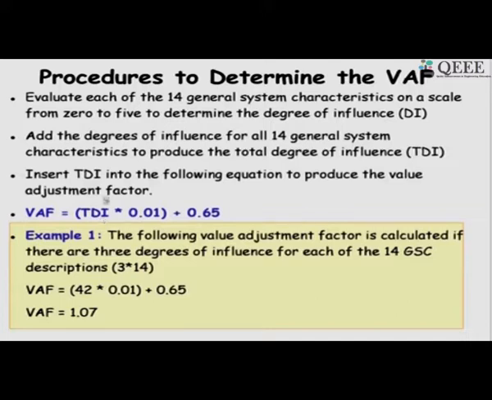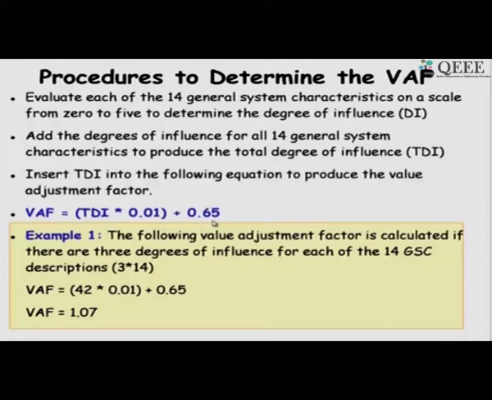Just see that there are 14 parameters, and if we make all of them 0, then the total degree of influence will be 0 and then it will be just 0.65. So, we will scale down the unadjusted function point, UFP, that we have computed by 35%. So, it will become 0.65 of what we computed.